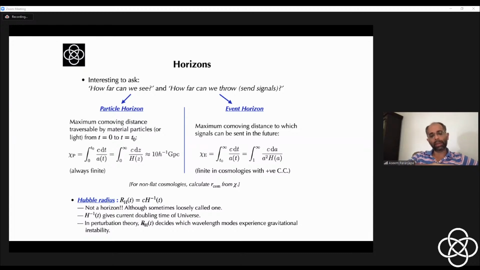So even if I set up perturbations which have some wavelength, and this wavelength happens to be larger than the size of the causal patch, which is defined by the expansion of the universe, then these well-separated points, separated by this wavelength, will not be able to respond to each other. Okay, so the scale below which gravitational instability can take over is loosely associated with the Hubble radius here. Okay, so this is all I will say about these distances at this stage.